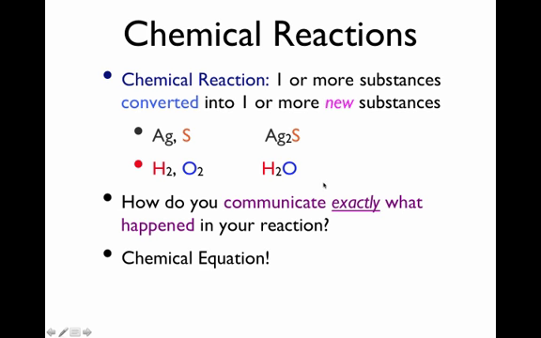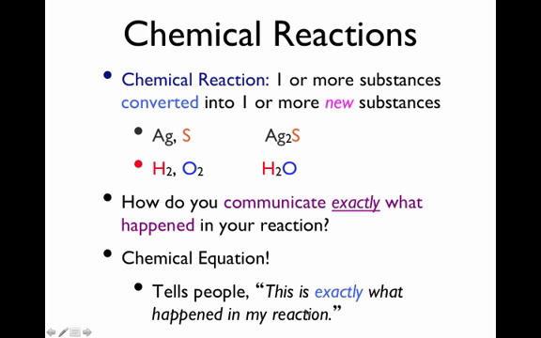The convention that chemists have decided on is called a chemical equation. So the chemical equation basically tells people this is exactly what happened in my reaction in a way that's much more precise than what I was showing you up here.